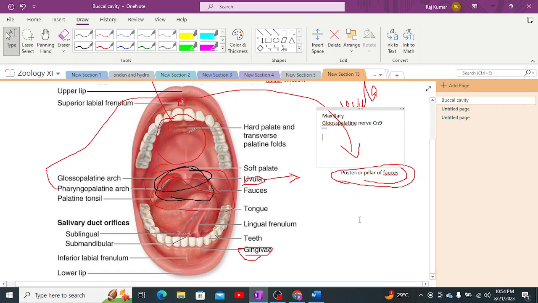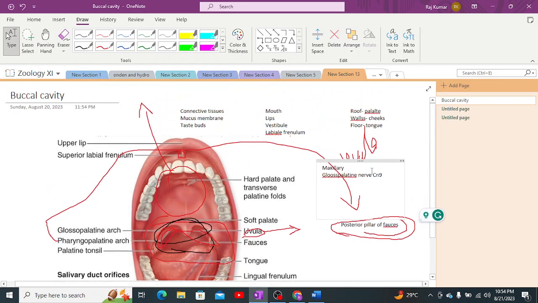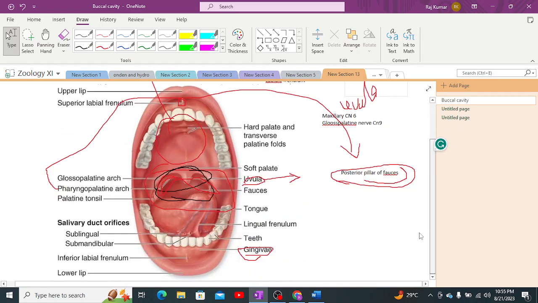After which there is another nerve, the maxillary nerve, which has cranial nerve 6, either cranial nerve 6 or 7, but you can better confirm it. So this is how we are supposed to count them.